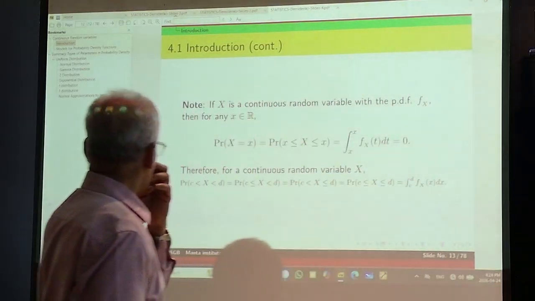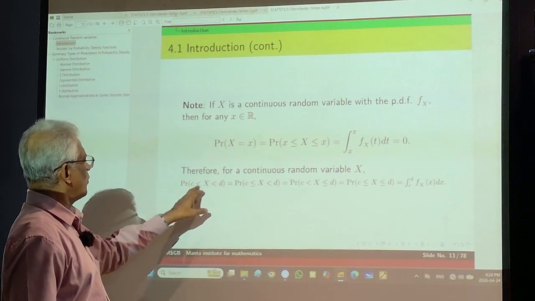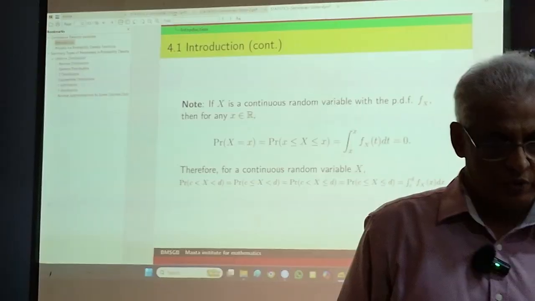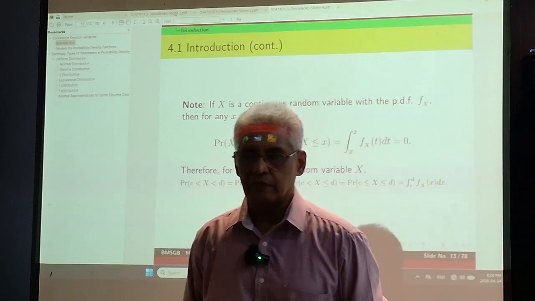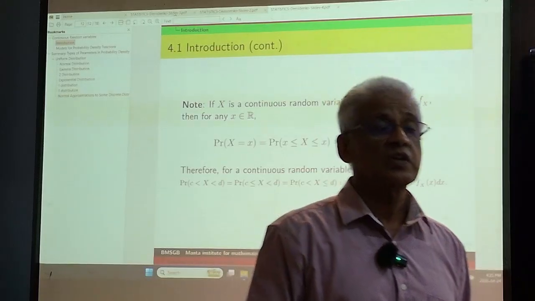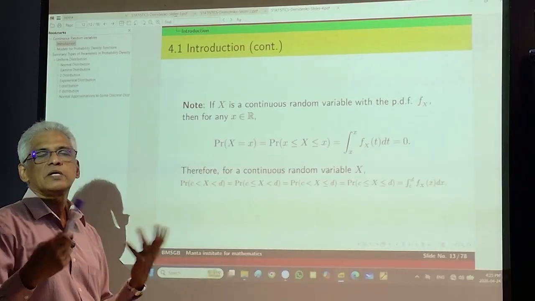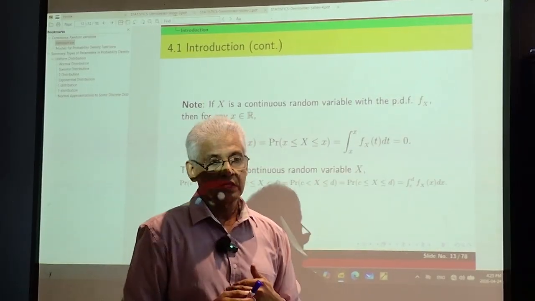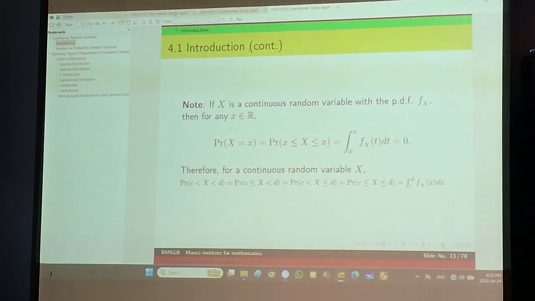So when dealing with a continuous random variable, whether your expression has equality or not is immaterial. The answer will be the same. That is not the case in a discrete case, where these may give quite different answers. So that is one thing you have to remember.